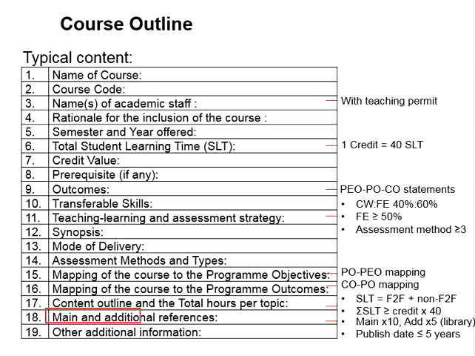Next, there will be a list of the main and additional references. The main references are the references that the course is based on substantially in terms of the content. You may define that the main references will use up at least 75% of the content of the course that you can get from the reference.